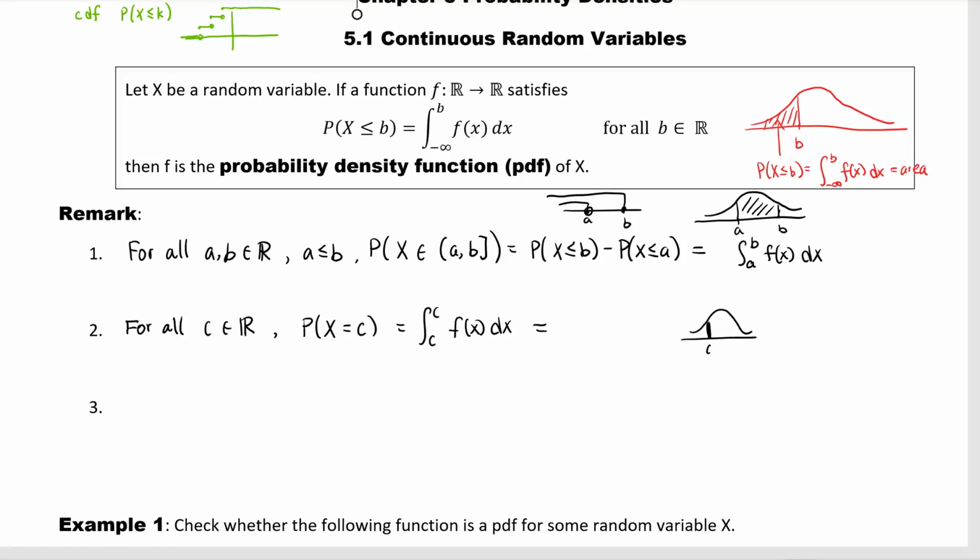But a line segment is one-dimensional. It has no area. So that's why the probability at a single point is 0. This is the very big difference from the discrete distribution, where the probability of each point is positive. But for a continuous random variable, the probability of a single point is actually 0.